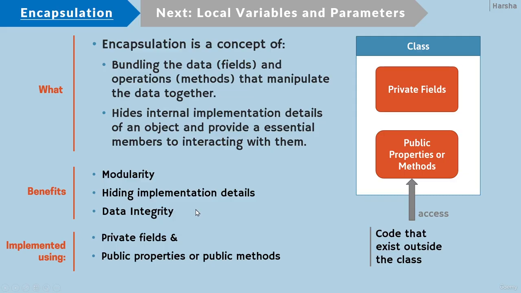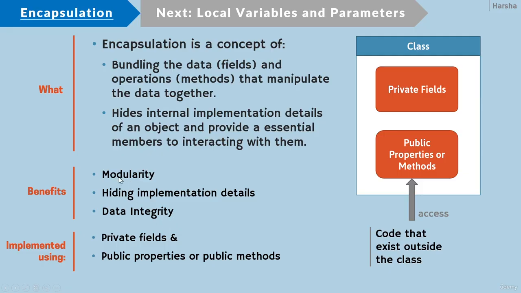For example, storing or setting a value into the field, retrieving those details later while printing the values to the user, or for supplying the same details to another class, and also performing the validations, that means checking whether the values are correct or not before storing them into the field.